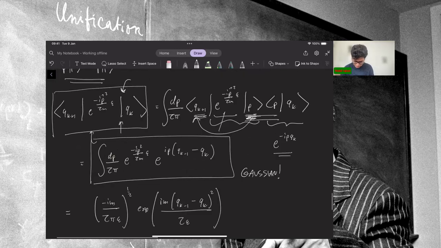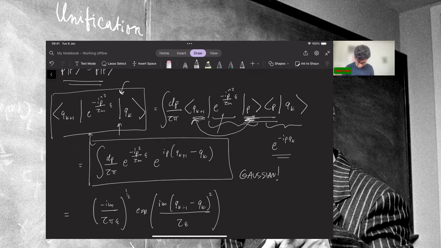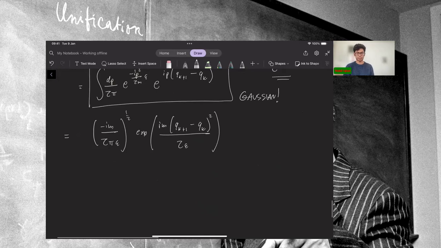Did I choose a minus with a plus? Yeah, sorry. That's a plus. It does not matter at all, as you'll see. Okay. So we went from here to here by just doing the Gaussian integral.